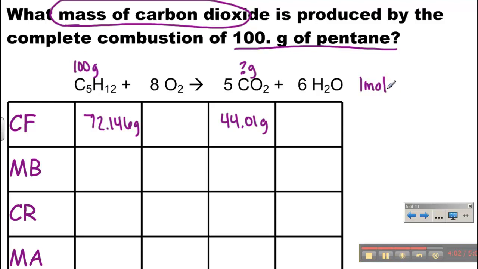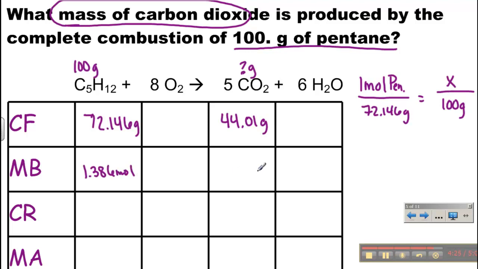So 1 mole, and I'm just going to call this PEN for pentane instead of writing C5H12, is 72.146 grams equals X over 100 grams. So when you solve that, you end up with 1.386 moles. Now, because CO2 is a product, of course we start with 0 moles of product.